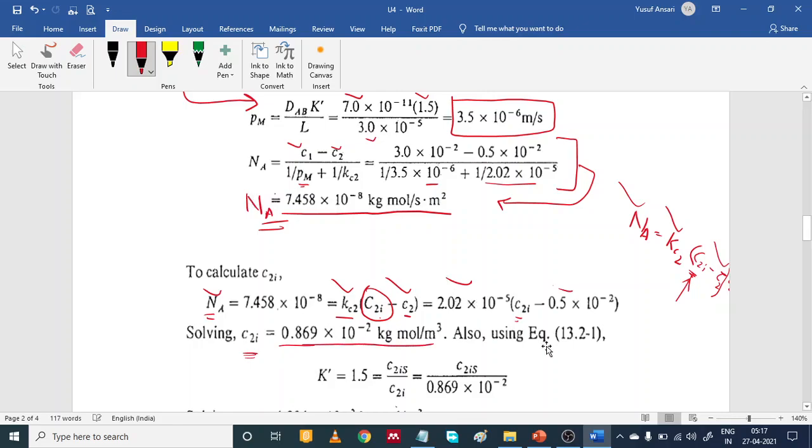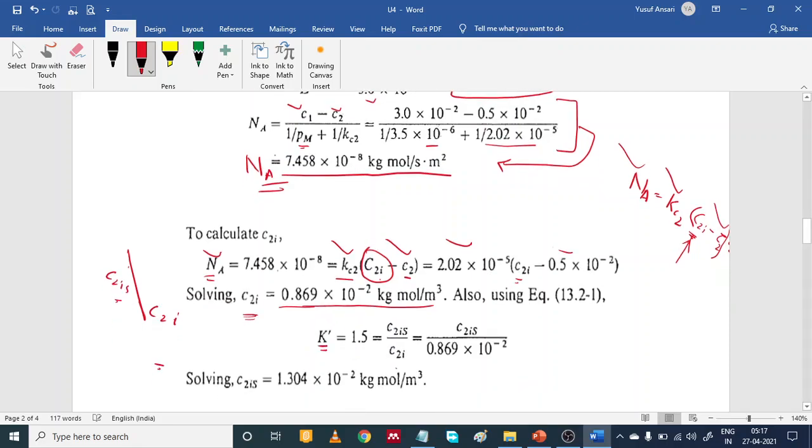Now, because we have to find the interface value at the membrane, if you see in the picture, the interface values are C2i and here C2is, these two. The relationship is K dash is equal to C2is upon C2i.